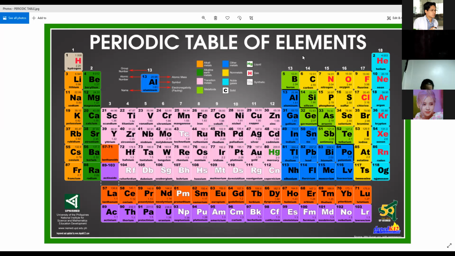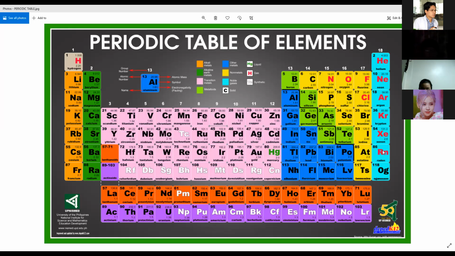Like for example, ferrous iron: ferrous sulfate, ferrous oxide, ferric chloride. What else? Potassium. There are a lot of potassium also. What else? Iodine. There are a lot of iodine also. So it depends upon the version of an element.